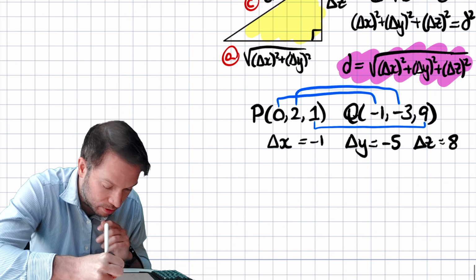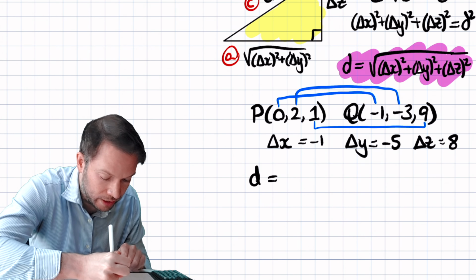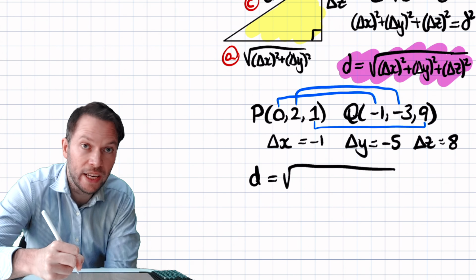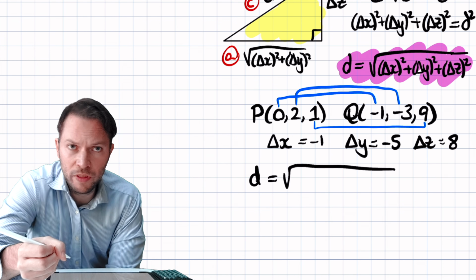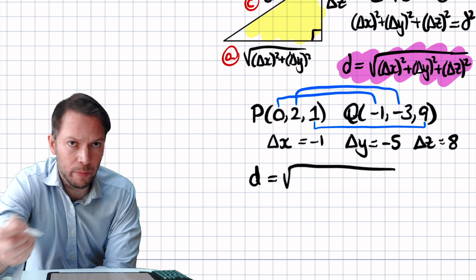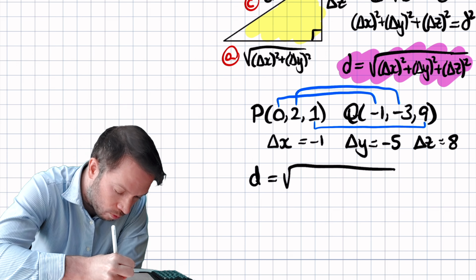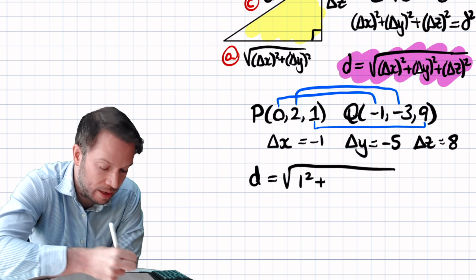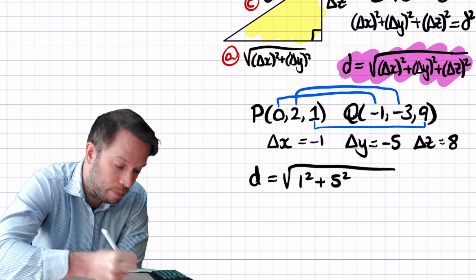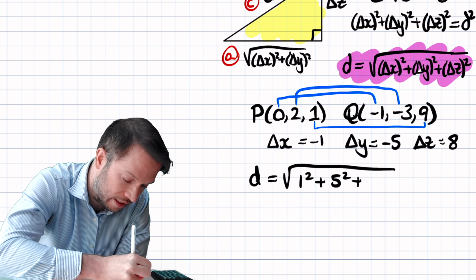So the distance between these 2 points is going to be the square root of the change in x squared, so the -1 squared. Now I'm just going to ignore the negative symbols because when you square a negative number, it becomes positive anyway. So we're going to get 1 squared plus a change in y squared, so -5 squared, which is just the same as 5 squared, plus a change in z squared, so 8 squared.